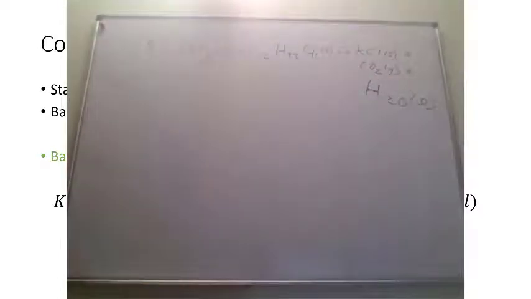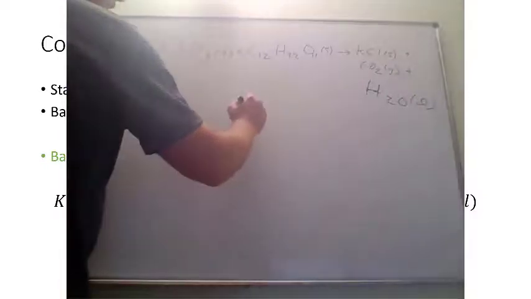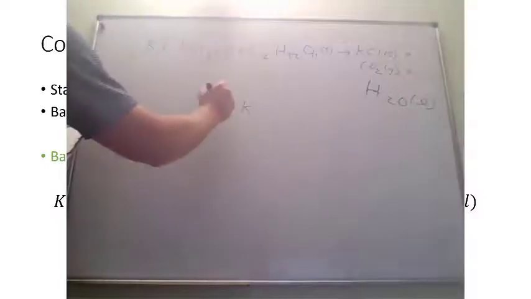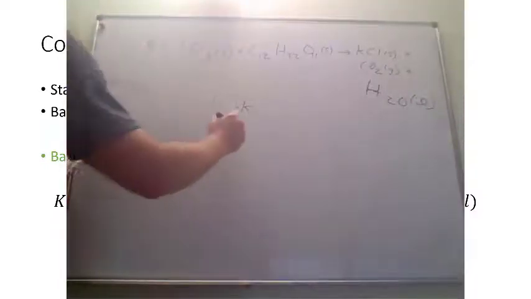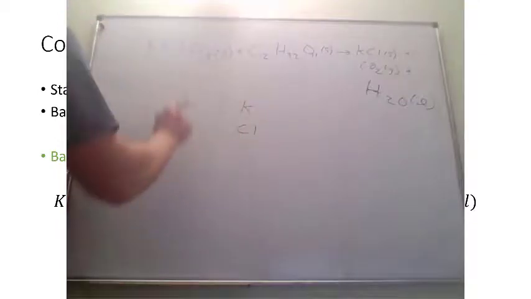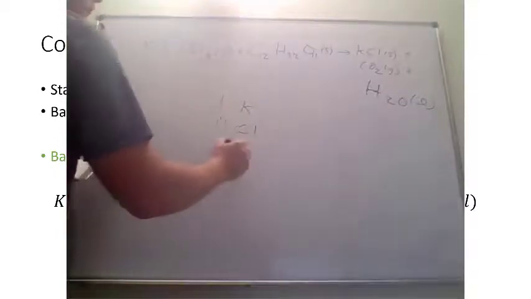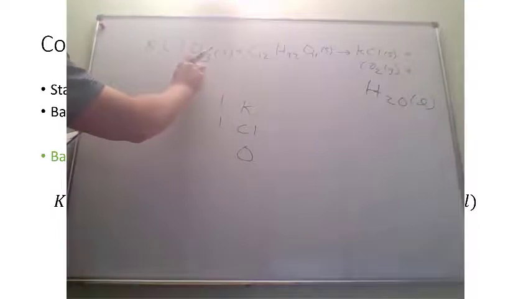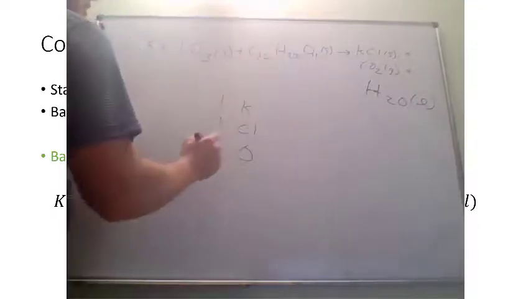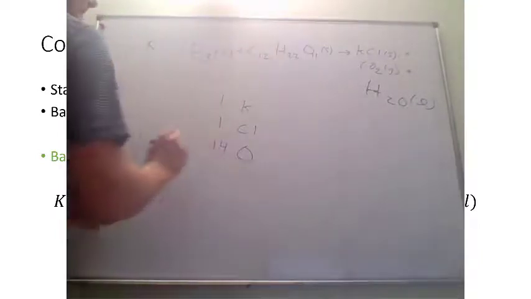Okay, so let's go through and identify how much of each that we have. So if we take a look at K, potassium, we have 1. For chlorine, Cl, we have 1. For oxygen, we have 3 plus 11 is 14.